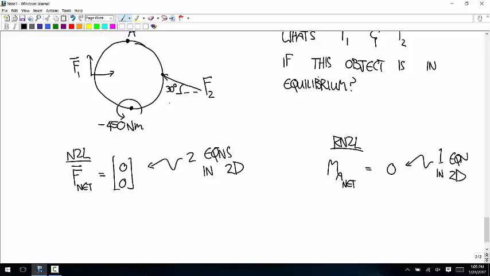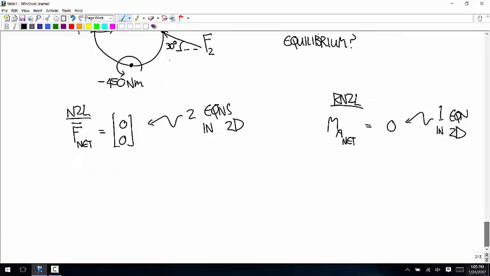The reason that moments only give you one useful equation in 2D is because they all act about an axis parallel to the z-axis. So there's only a useful z component. Okay, so let's, and I need to give dimensions for this thing.